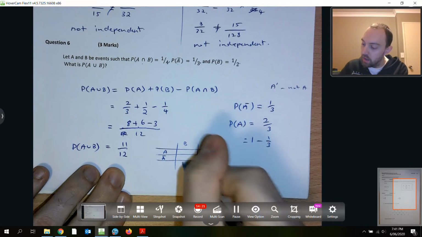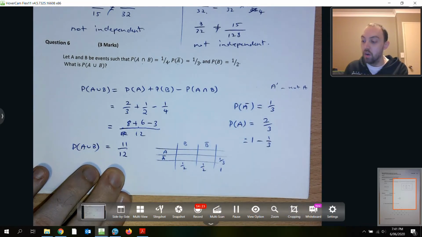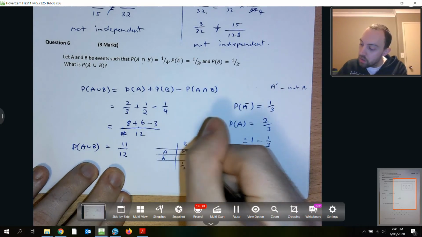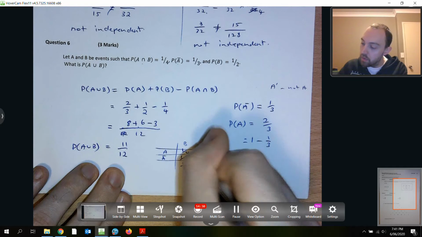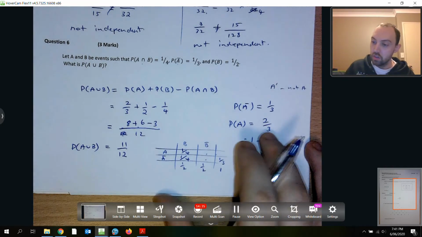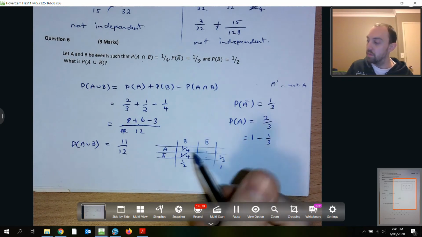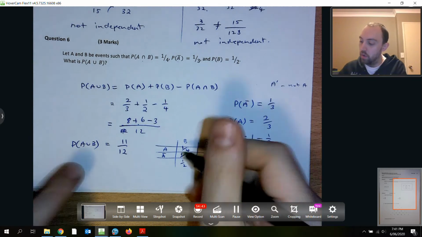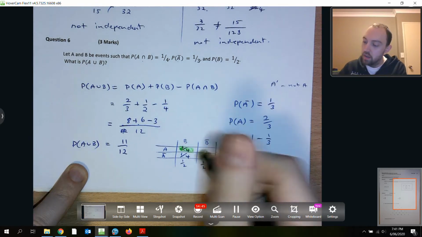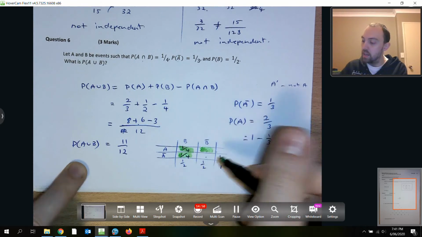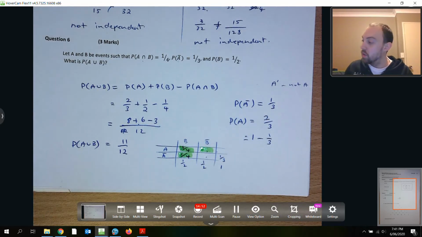Probability of B is a half, so not B is also a half, and probability of A and B is a quarter, and then you should be able to work out what the rest is from your adding and subtracting two-way table stuff, and figure out each of those parts: probability of A and B, probability of B not A, and probability of not B and A. Those 3 added together would get you the probability of A union B.